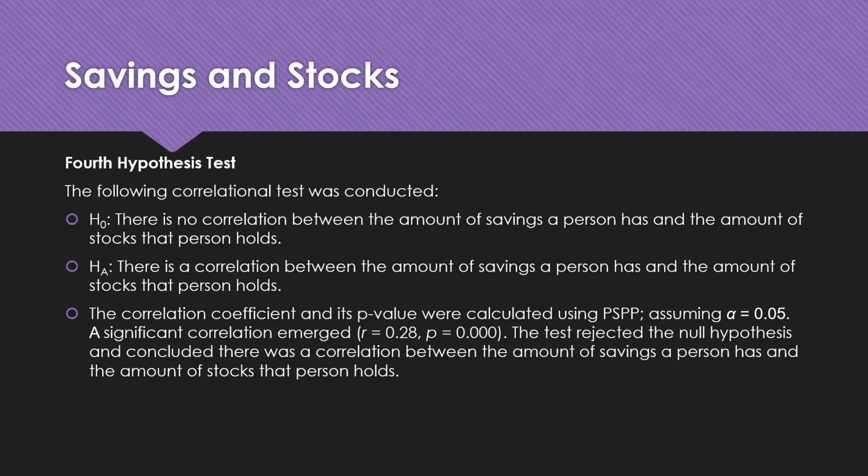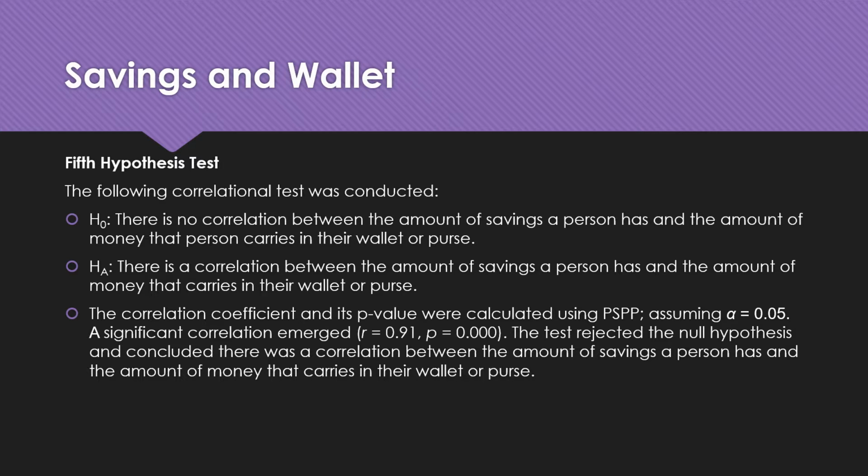With a correlation coefficient of 0.28, there is a weak positive linear correlation between savings and stocks. A conclusion can be drawn that as savings rise, so too does stock investments.